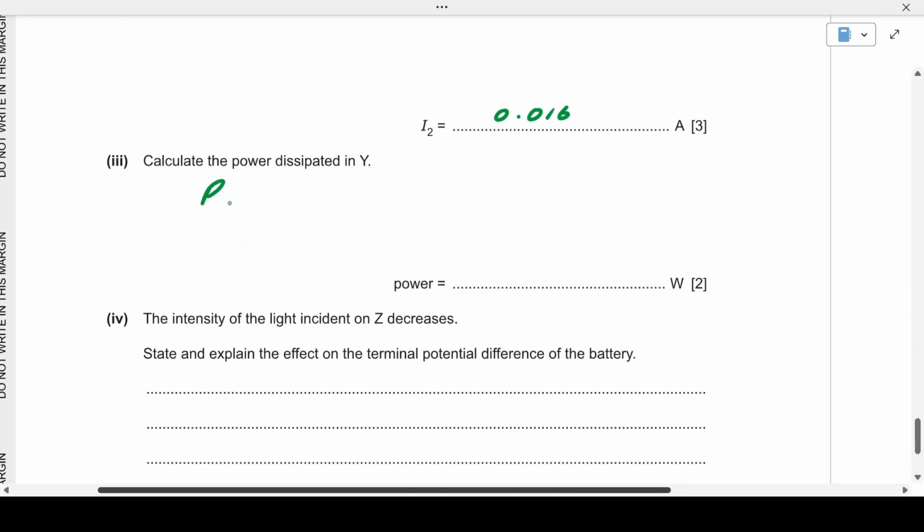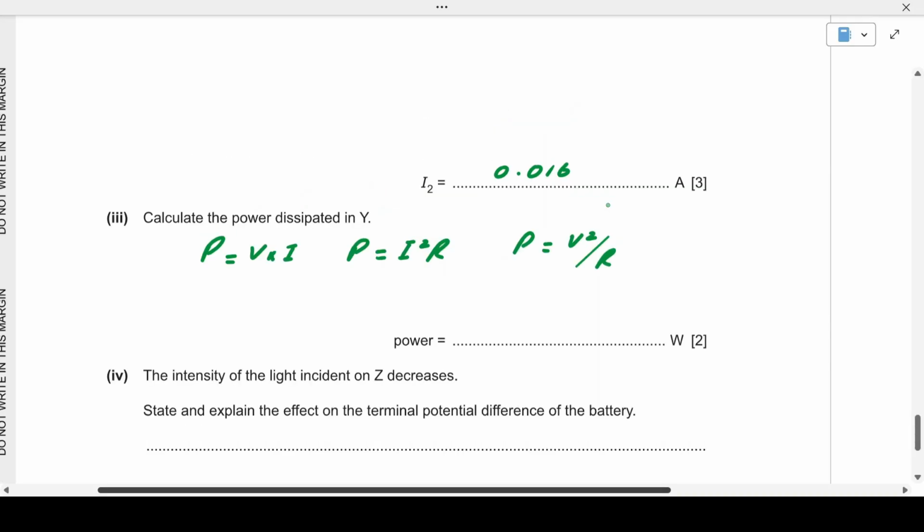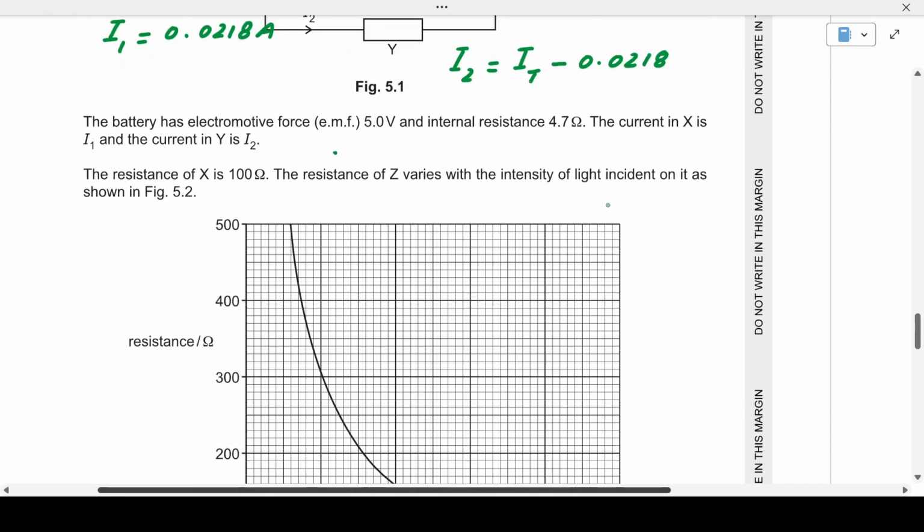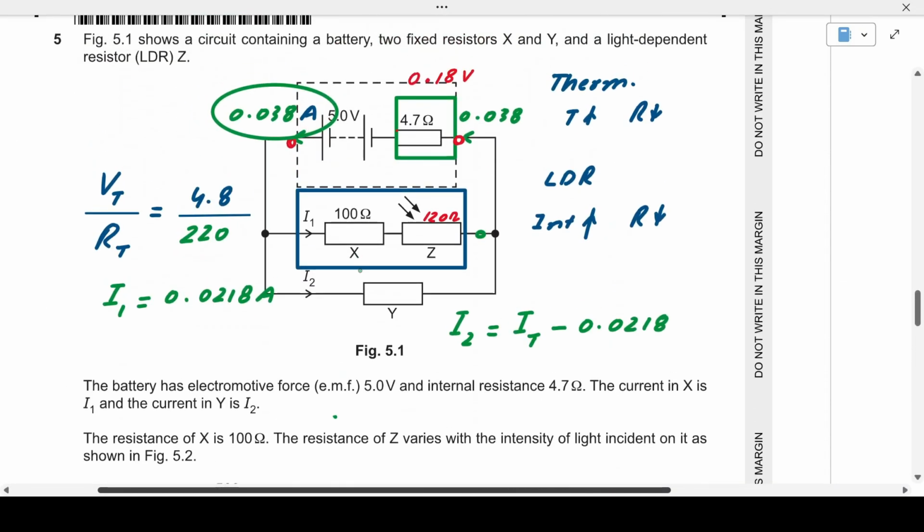So power dissipated, we have plenty of formula. VI, we have I square R, then we have V square over R. So let's see which one is compatible. Power dissipated in Y. For Y, what do we have? We have the voltage. Yeah, but we don't have the resistance of Y, or do we?